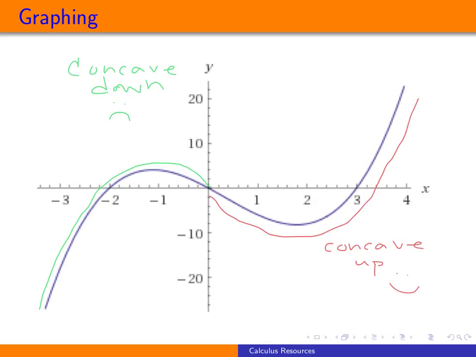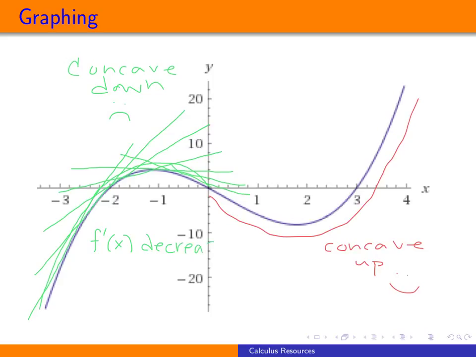And what I can notice here is that when I draw these tangent lines on this portion that is concave down, they have a really steep slope, and then they get narrower, getting towards 0 here, and then they become negative, and they become more and more negative. So on this concave down portion, the slopes of those tangent lines are decreasing.